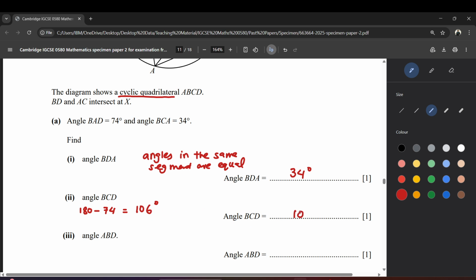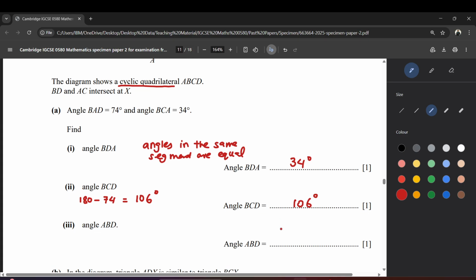The property we have used is that the opposite angles in a cyclic quadrilateral are supplementary, which means they add up to 180 degrees.